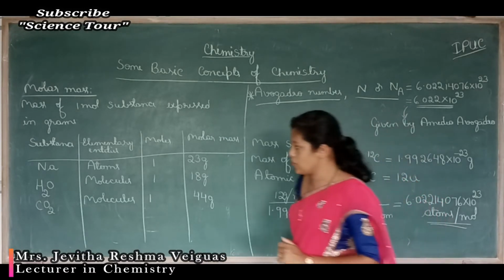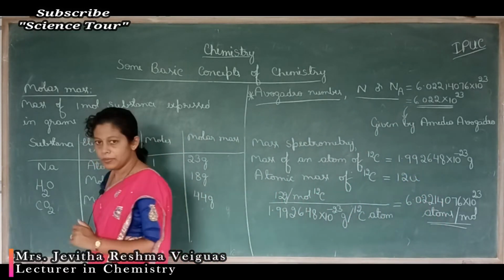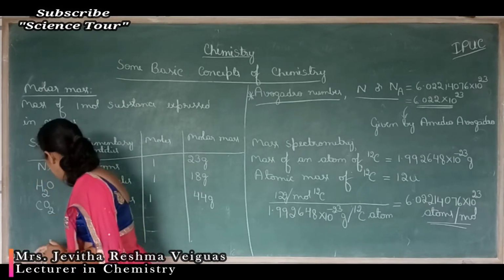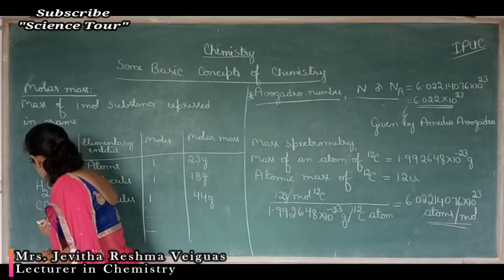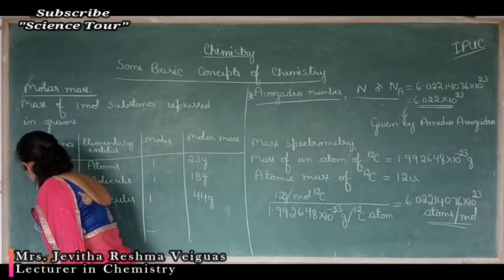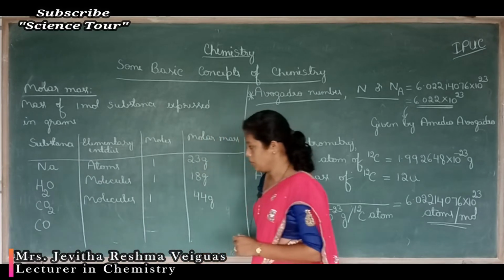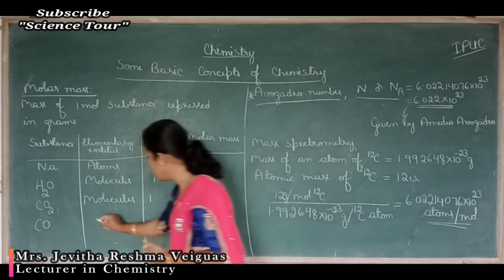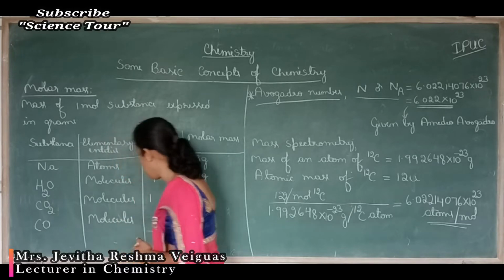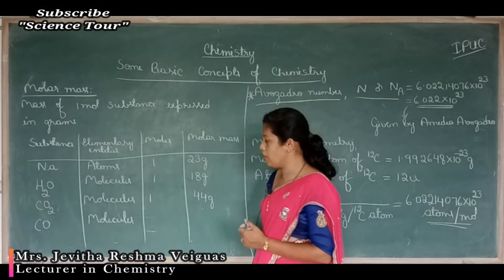Let's have another example. Let me take carbon monoxide, CO. This is also a molecule because a carbon atom and 1 oxygen atom combined to give carbon monoxide.